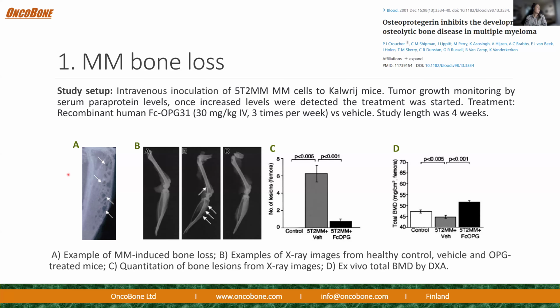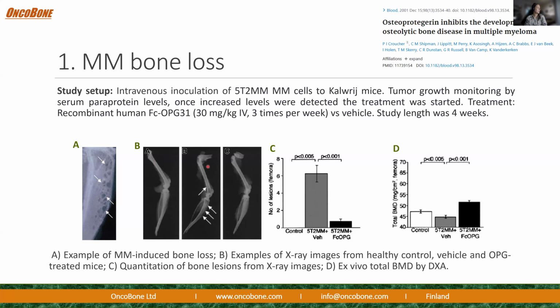In figure A, we can again see maybe a typical case example from mice. We can see these kinds of holes in the bone. So we can see that these mice actually did develop a really active multiple myeloma bone disease. On panel B, we can see X-ray examples of the extracted bone. The first bone is reflecting a healthy bone.